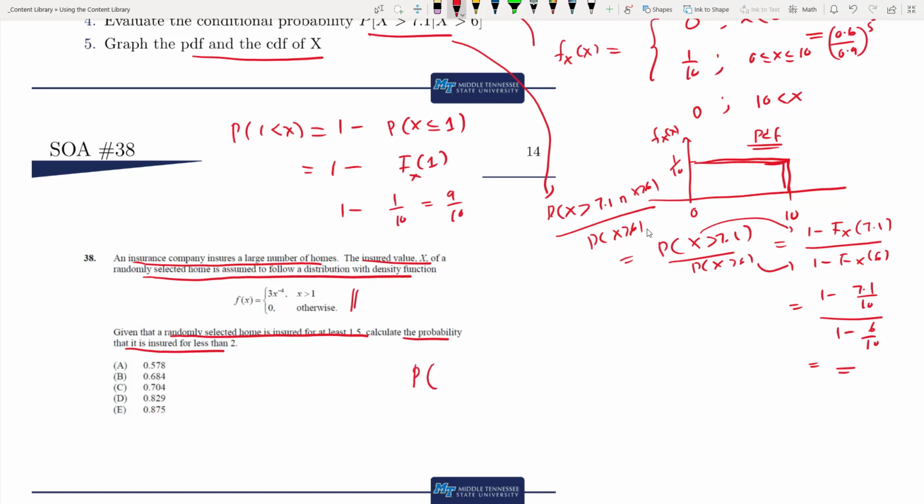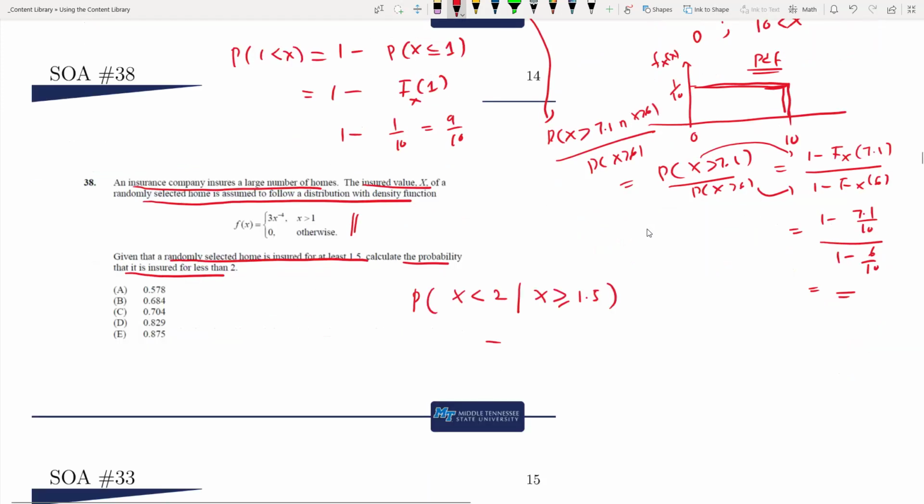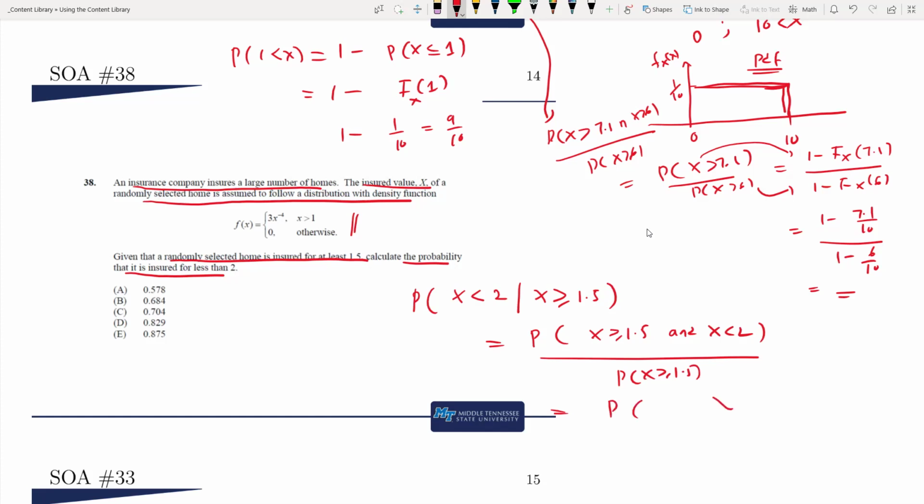So I want to calculate probability X is less than 2 given that it is more than or equal to 1.5. Again, we can use the conditional probability formula. This means X more than or equal to 1.5, and so that means basically probability X should be between 1.5 and 2.